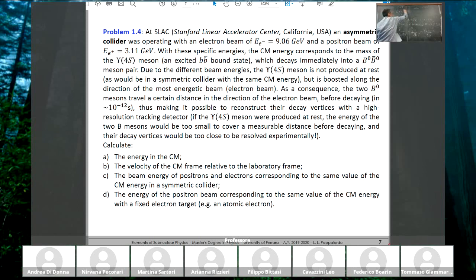So actually this is 0.49. This is the beta of the produced epsilon, but beta is nothing less than v over c, and so at the end we obtain that the velocity of the epsilon in the laboratory frame, which corresponds to the velocity of the center of mass of the collision in the laboratory frame, is just 0.49 times the speed of light.